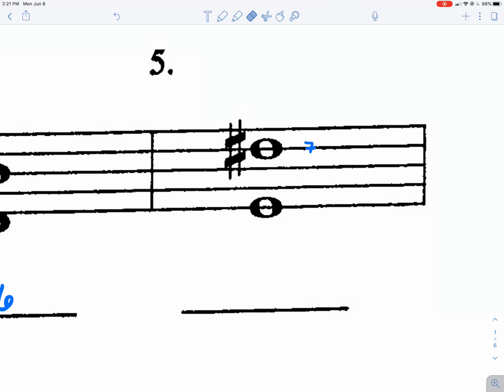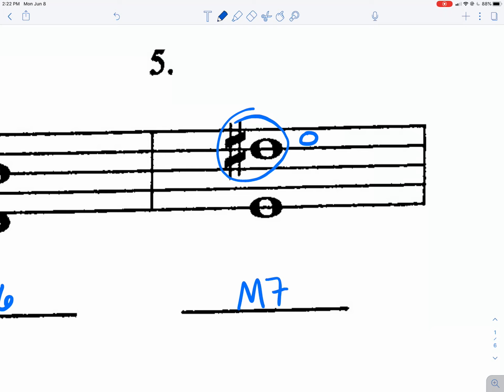To me, that's a little bit of a long way around. Here's what I think when I look at this. I look at this note and this note, and I see very quickly that they're very close to being an octave apart, right? So an octave less a half step.